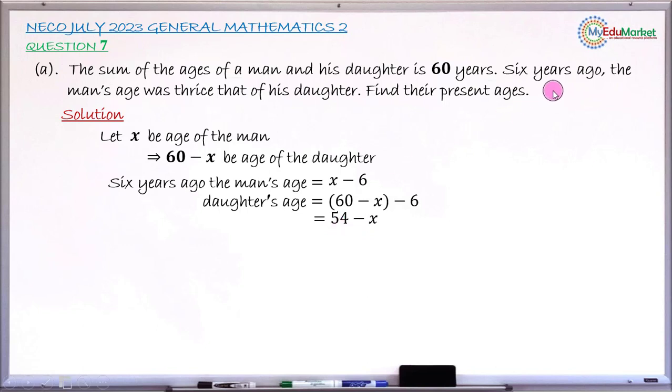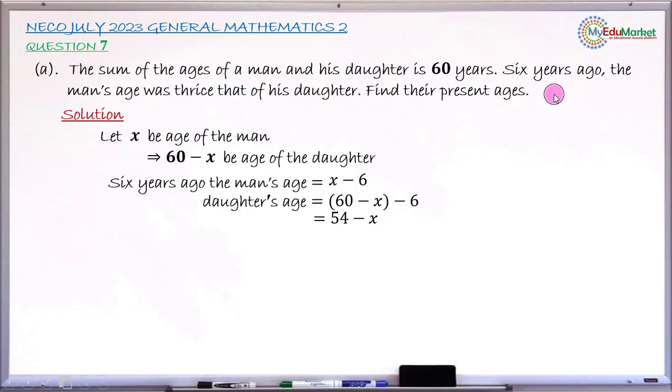And this statement says that 6 years ago, the man's age was thrice, meaning 3 times, the age of the daughter. So I'm going to use X minus 6 and 54 minus X to relate them appropriately. X minus 6 is the age of the man 6 years ago, and 54 minus X is the age of the daughter 6 years ago.